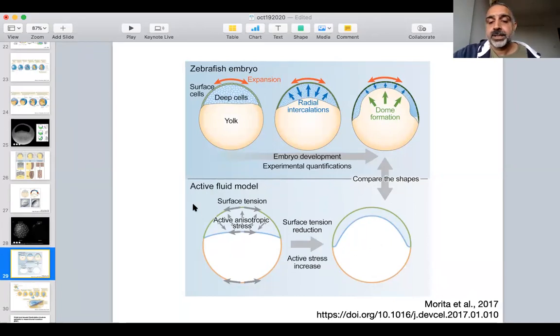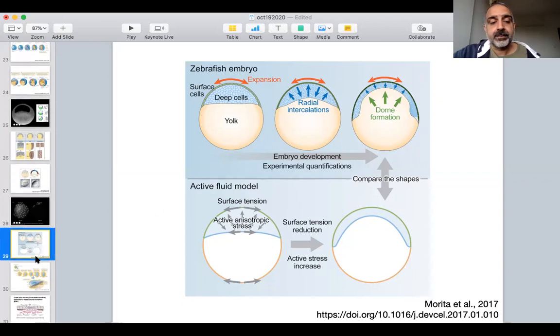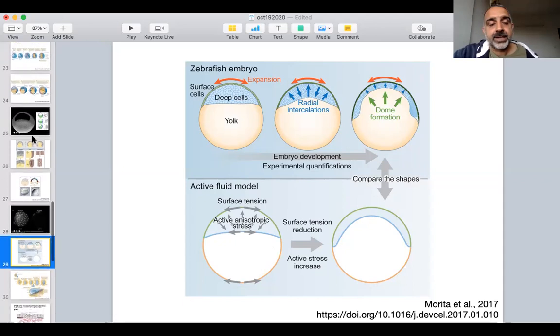So I will put up these references as well, so that you get a better appreciation of what's going on in these different gastrulation schemes for Xenopus and zebrafish.